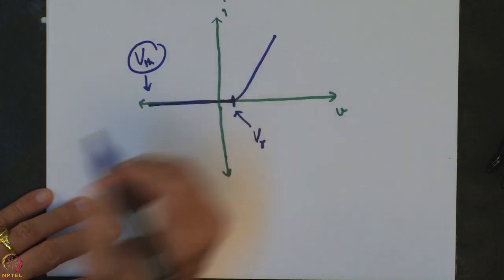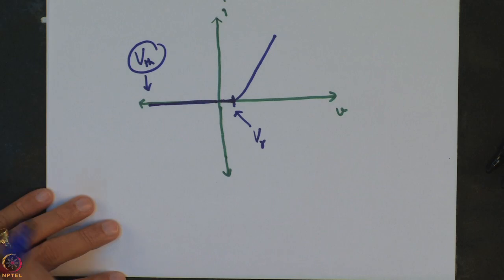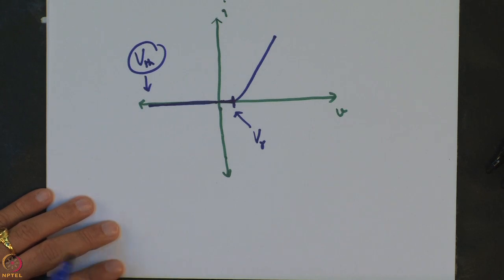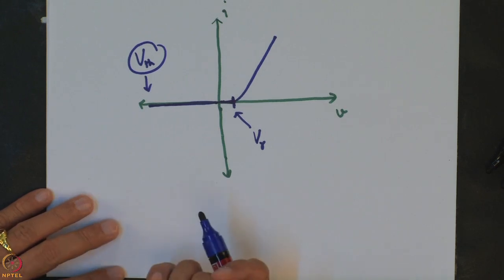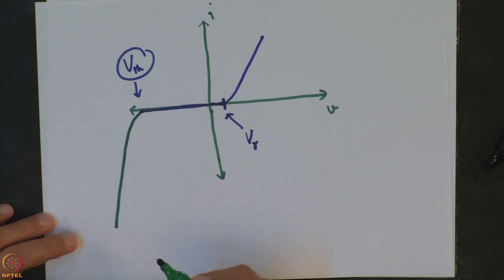You are increasing the negative voltage across the Pn junction slowly, and a time comes when a large current flows in the negative direction.